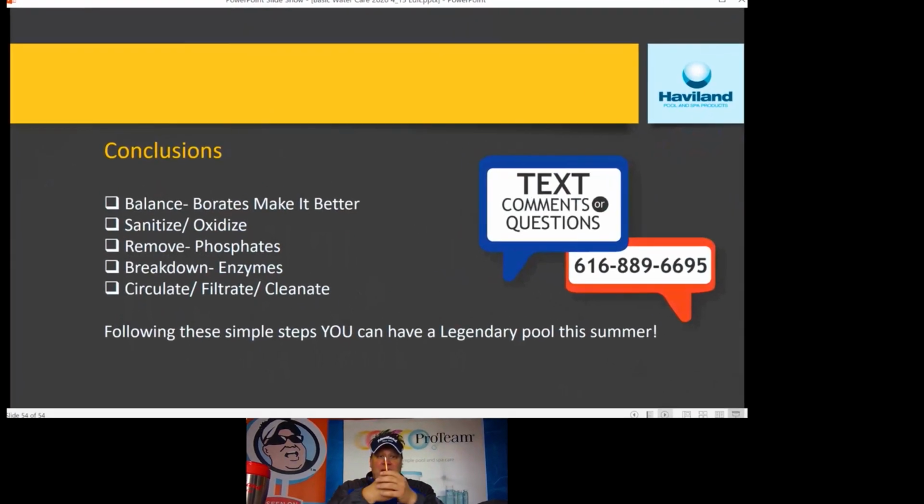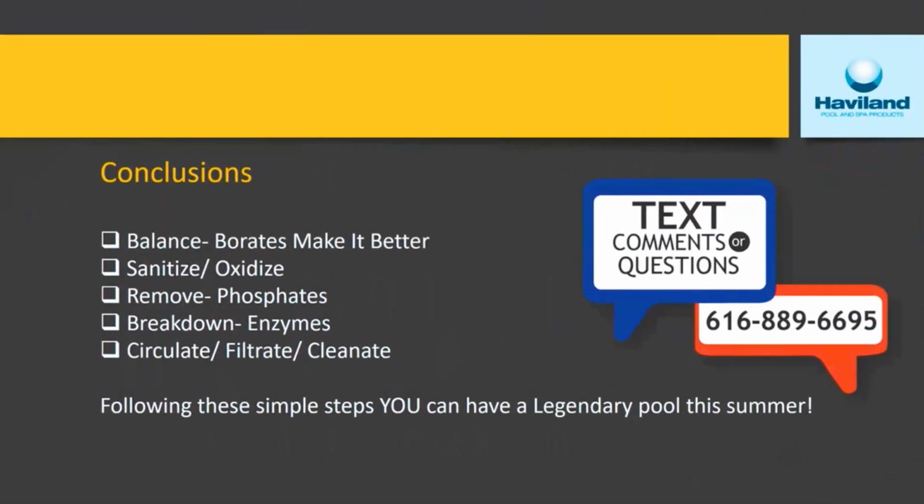Chemically, we can add some stuff to make them bigger so that the filter can pull them out. We need to break down all those body oils and lotions and the rest of that yuck so that our oxidizer can complete the process much easier. And finally, we need to circulate, filtrate, and cleanate that pool.